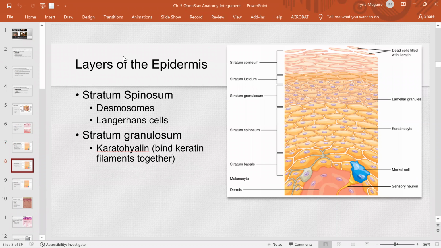The next layer is, so now we started with the deep layer, we started with basal. Now we move up, and it's stratum spinosum. Now cells start dying in the stratum spinosum. They form lots of connections between each other called desmosomes, and they start to secrete keratin over here.